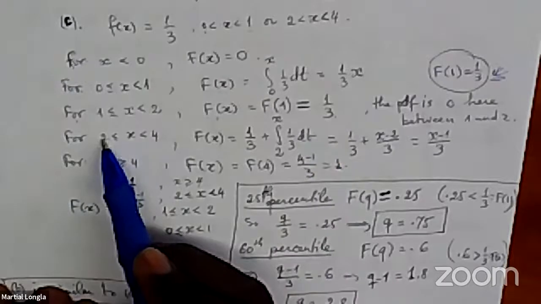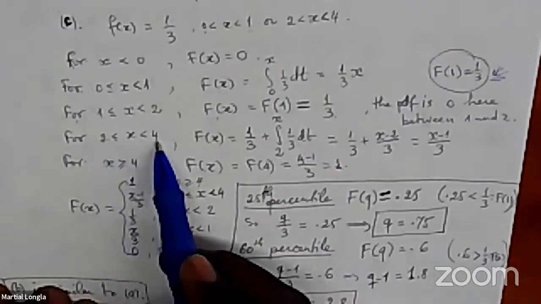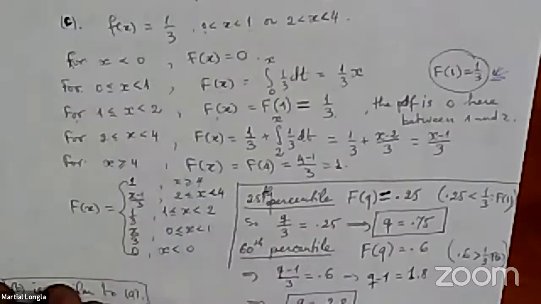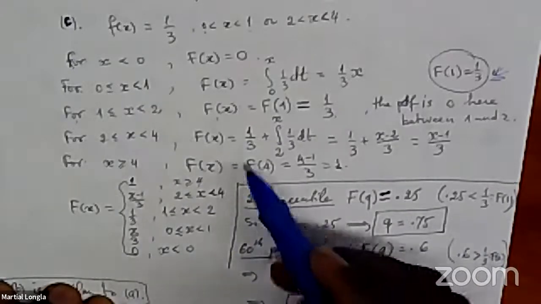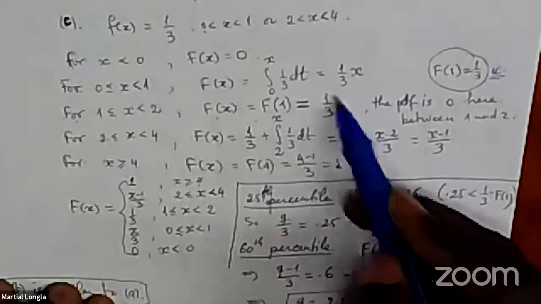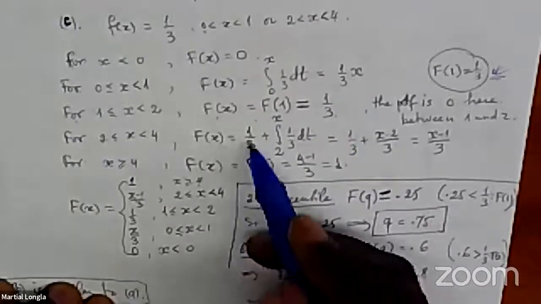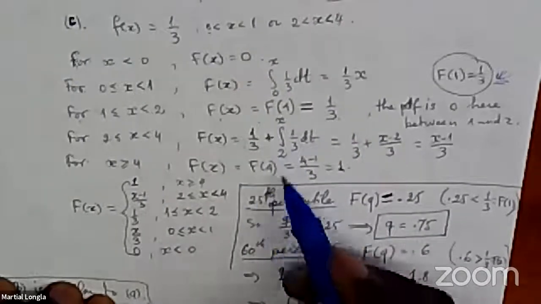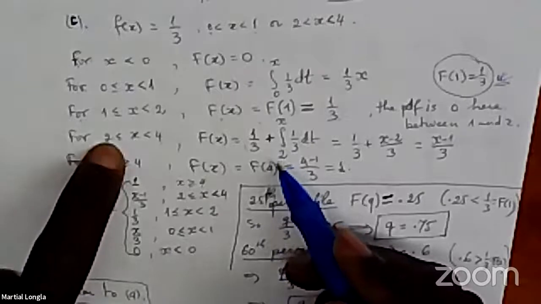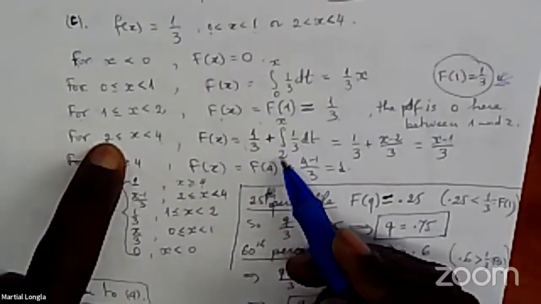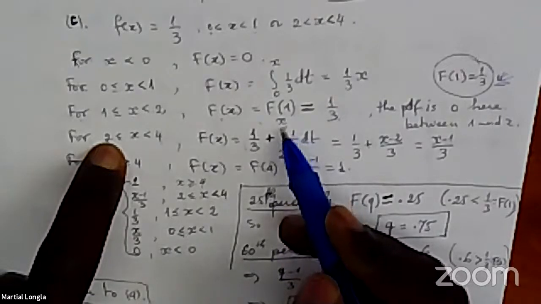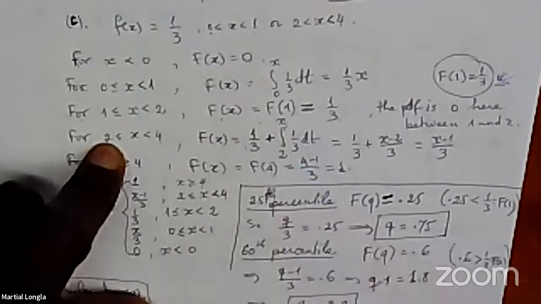Now, when you cross 2 and continue towards 4, something else comes in. But before that, you already have 1/3 from F of 1. So you have 1/3 plus the integral from where you're starting now to X. Why?